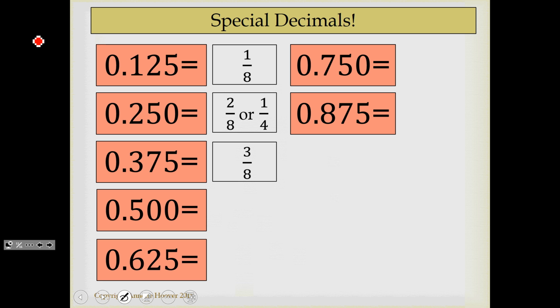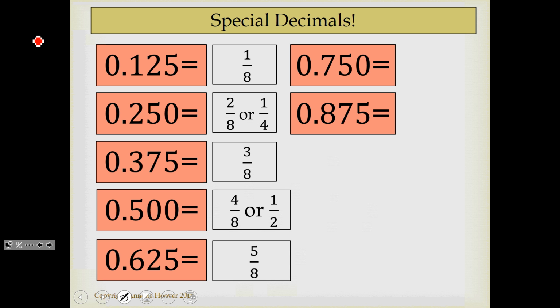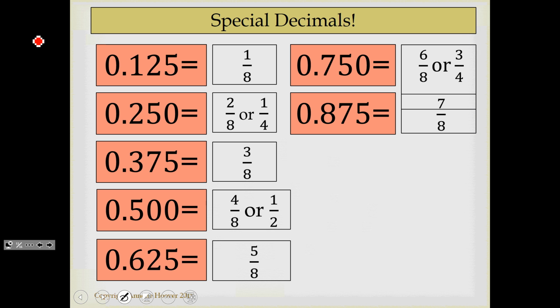So it continues on. This would be 4/8, or simplified into 1/2. This would be counting by 125 5 times, so that's 5/8. Counting by 125 6 times gives you 750, which simplifies to 3/4. And 875 thousandths becomes 7/8.